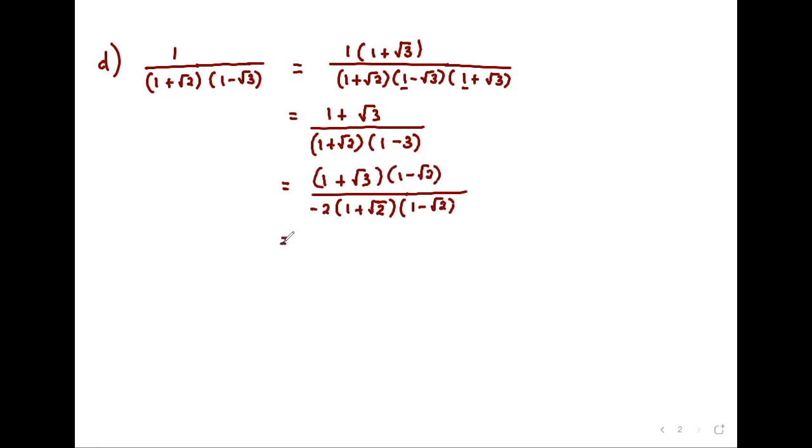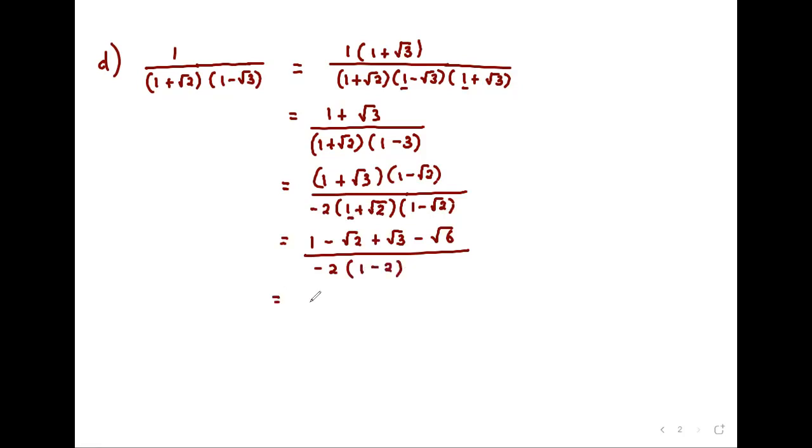So we expand 1 minus root 2 plus root 3 minus root 6 over minus 2 times 1 minus 2.